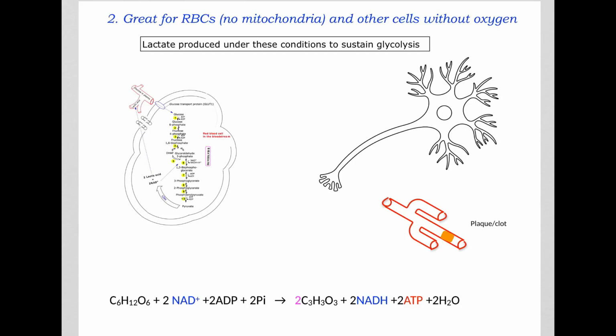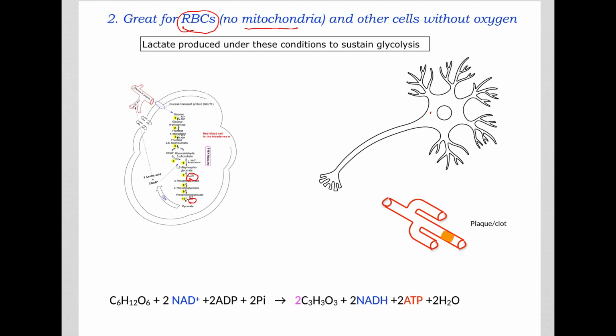So glycolysis is a very important source of energy for red blood cells, because red blood cells do not have mitochondria. And so for red blood cells, generating this ATP from glucose via glycolysis is extremely important for survival. Now, even if cells had mitochondria but they did not have oxygen, then generation of ATP by glycolysis becomes very, very important to the cell.